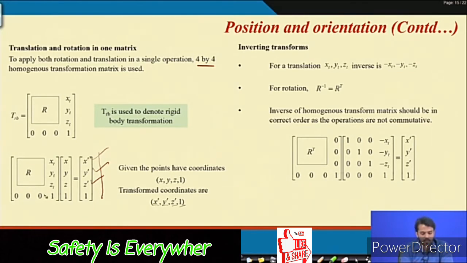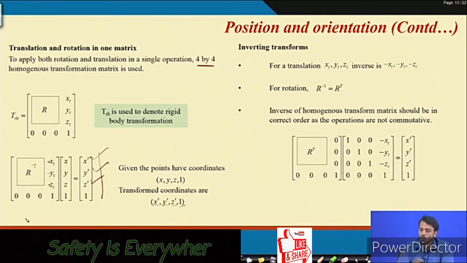If we consider this particular matrix as the homogeneous transformation matrix, then we can put minus XT, minus YT and minus ZT in the inverse matrix, and R should be represented as R transpose. But in this matrix the order should be maintained. That means the translation and the rotation are not commutative: the rotation should be followed by the translation.